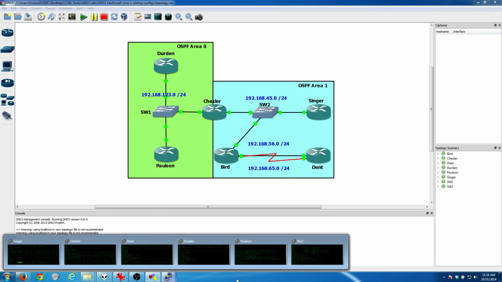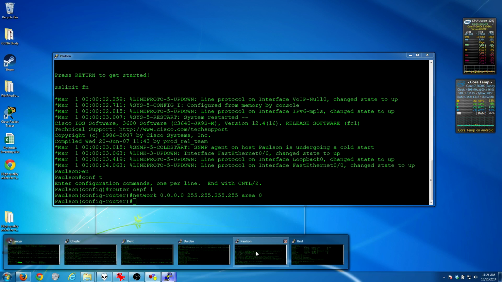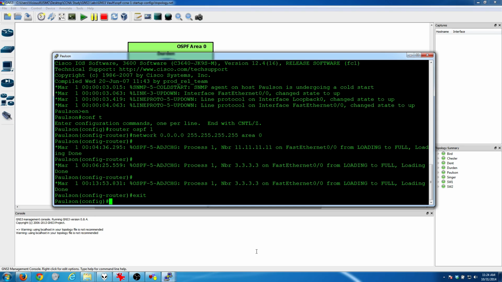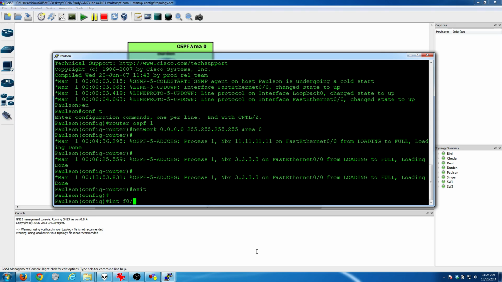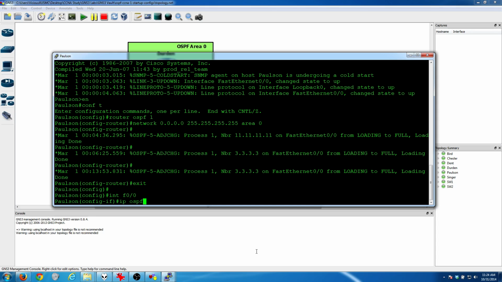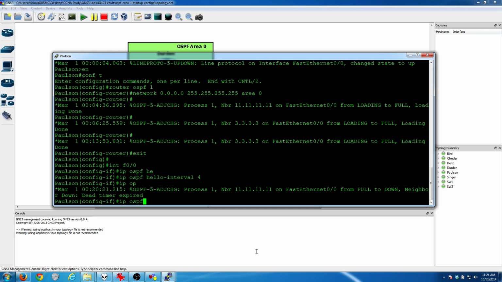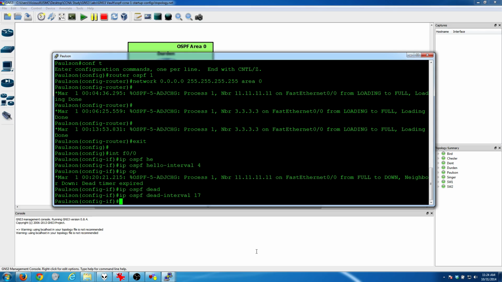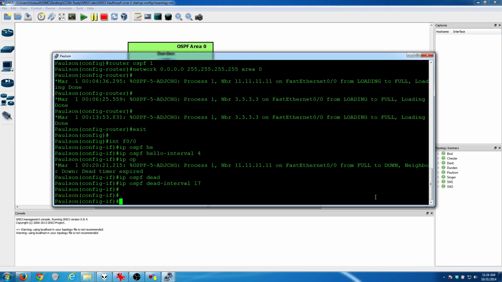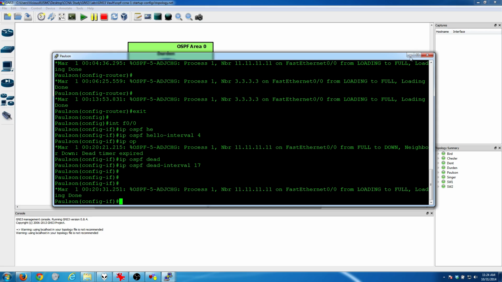Let's go to Paulson. Hello of 4. You just saw the adjacency went down like I said it would. Dead interval of 17. That'll bring it back up. There we go.